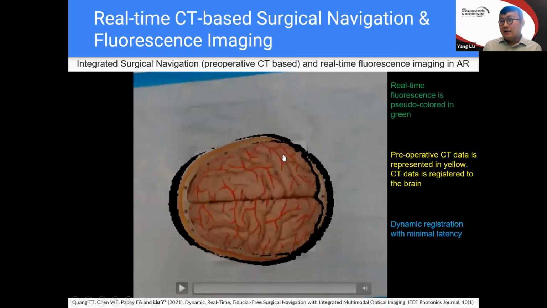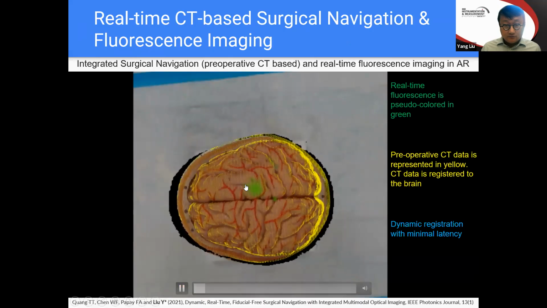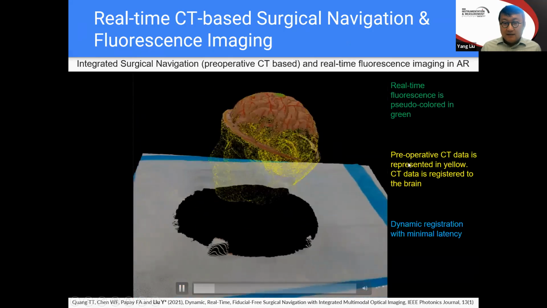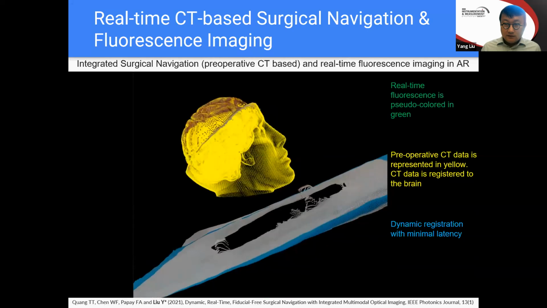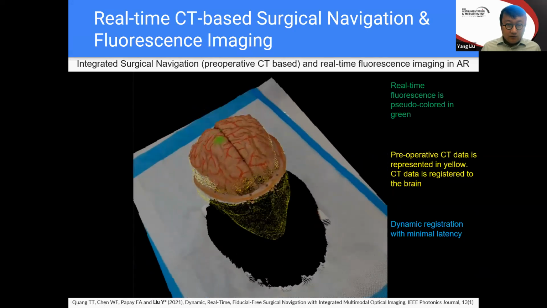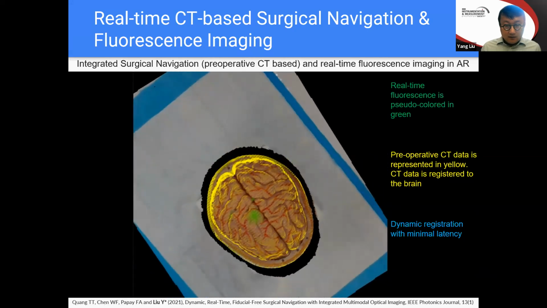To overcome that, we have come up with a new system that can allow real-time surgical navigation and also fluorescent imaging. Here's a video. You can see that the CT data is represented in yellow, and the near-infrared fluorescence is represented in green.